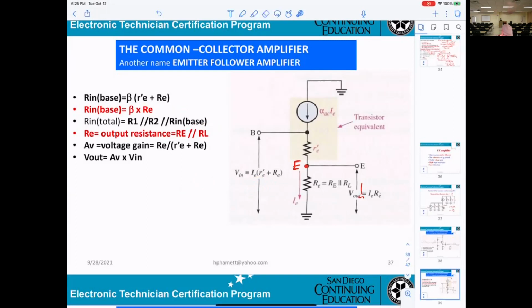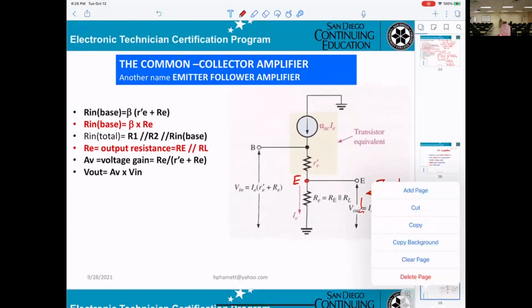And if you want to calculate the output resistance, that means you're looking from here into the amplifier. In here they say output resistance R small e, but normally we want to use the output impedance. That means you're looking into the output.